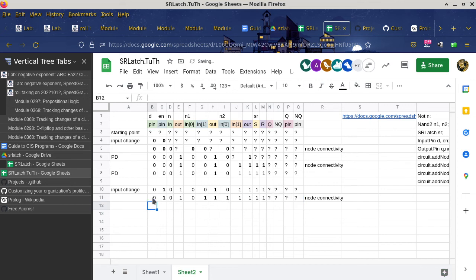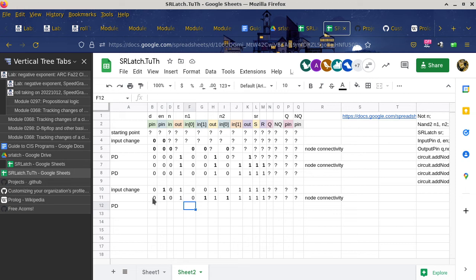So now that we have figured out all the changes because of node connectivity, now we can wait a little bit, and then we determine what would be the output of the devices where at least one of its inputs has changed. First, we have to identify the outputs that might have changed. We look at N, and I don't think N is going to change because its input did not change.